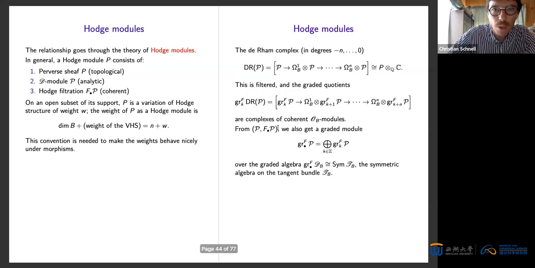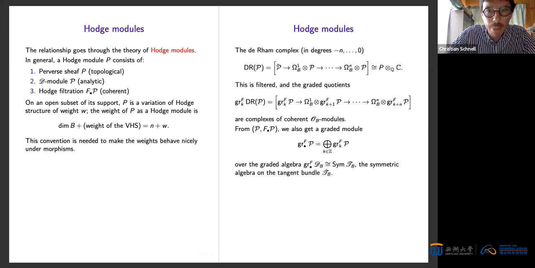Okay? And then once I have a Hodge module, I can make a complex out of it. This is the de Rham complex. So this D module has an action by the sheaf of vector fields on it. And using that action by the vector fields, I can make a de Rham complex, right?